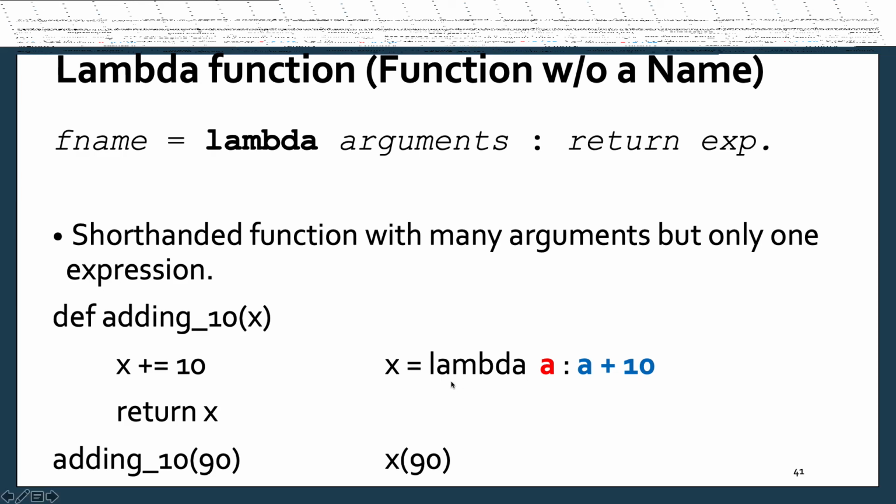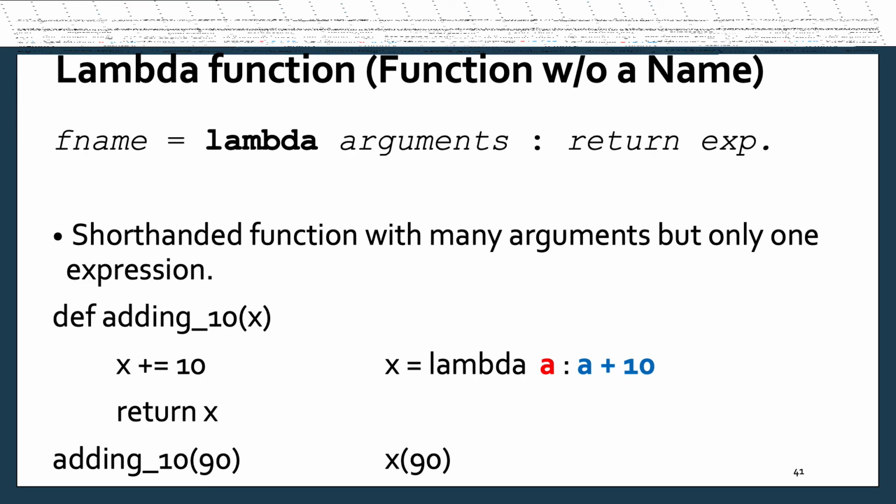So lambda looks like this, right? Lambda, and then the argument, and then the argument plus the value that you want, and it's being assigned to x. So x is now a function. To call a function, you have the open parentheses.